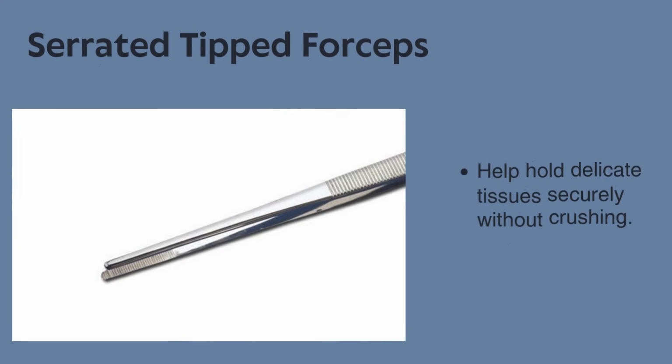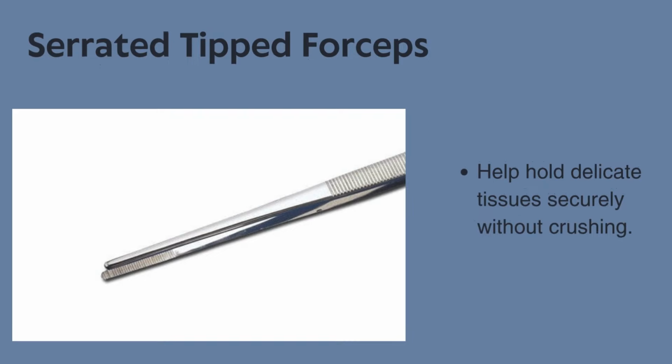Now another one is serrated tipped forceps. So they are another must-know instrument in autopsies, especially for firmly grasping slippery tissues without slipping. But unlike toothed forceps, they don't have sharp teeth, but just textured ridges.